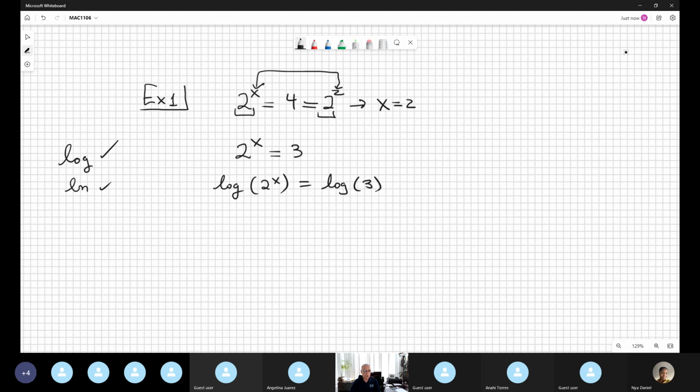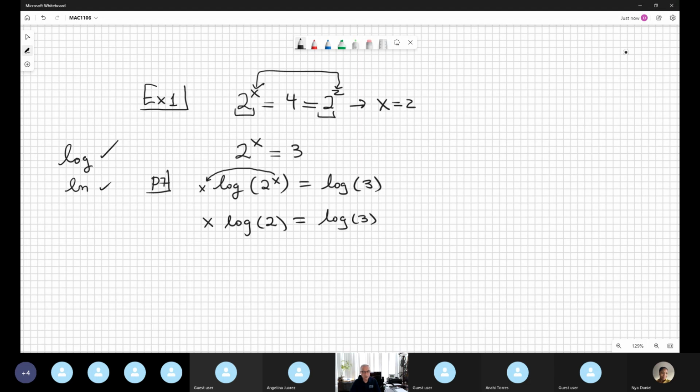Okay, now in this moment, I apply property 7. Property 7 says that the exponent magically flies outside, and you copy it outside like a multiplier. So, x log base 2 equals log base 3.